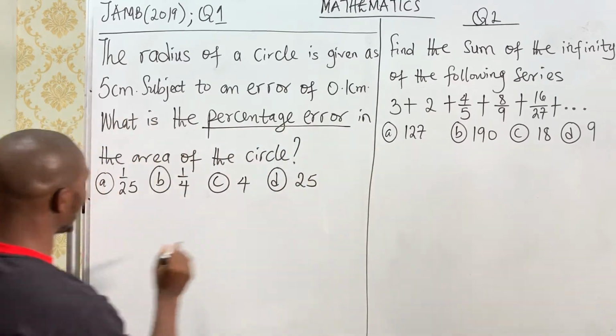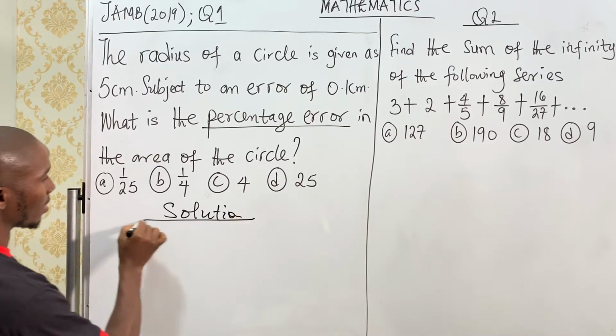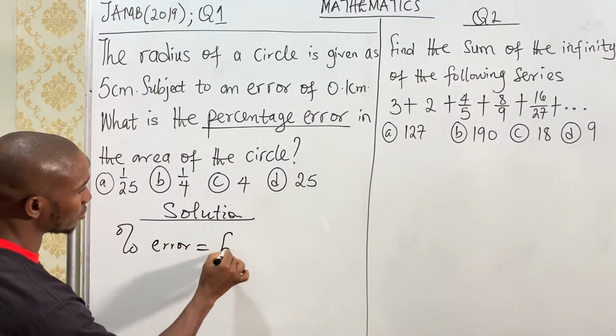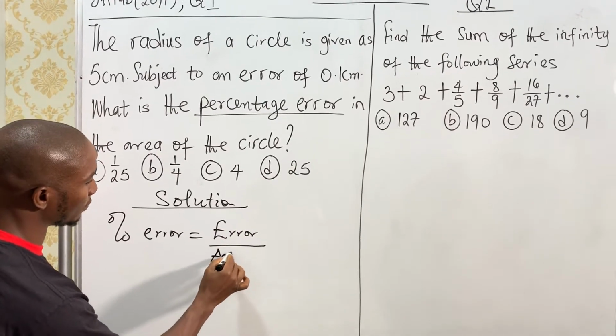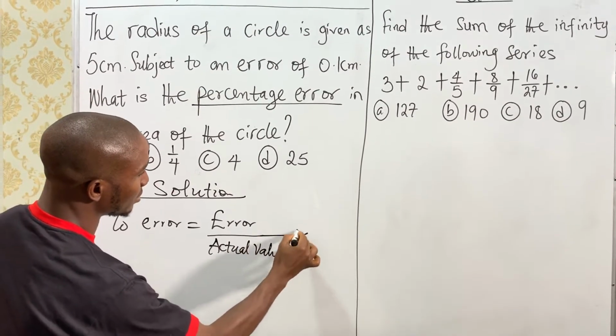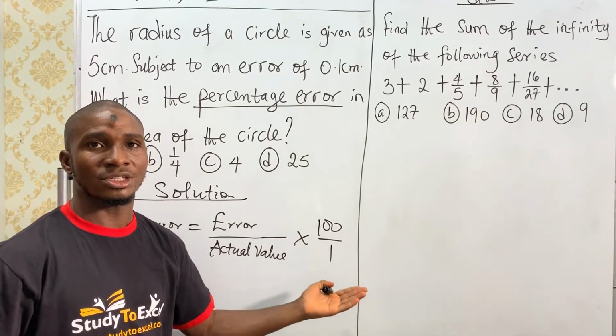The first thing is to note, solution, percentage error is equal to the error divided by the actual value times 100 over 1. This is the formula to calculate your percentage error.